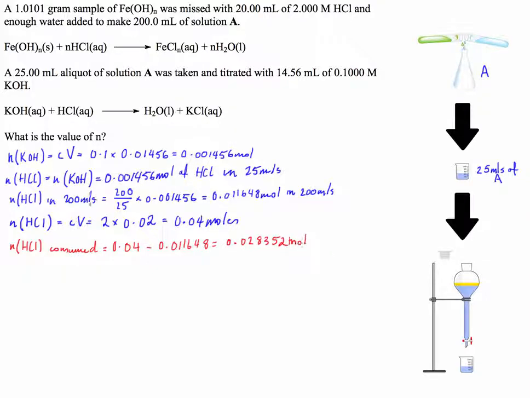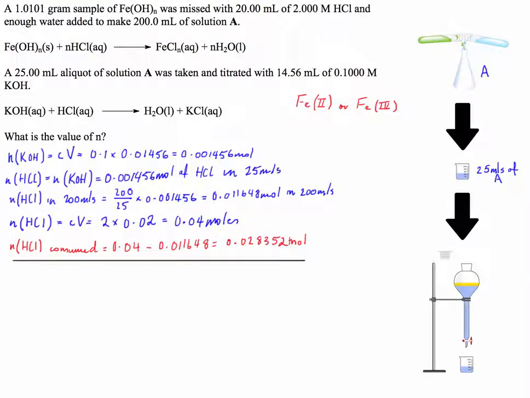Great. Now, there are two different states this iron hydroxide can take. We could either have iron 2 or iron 3.